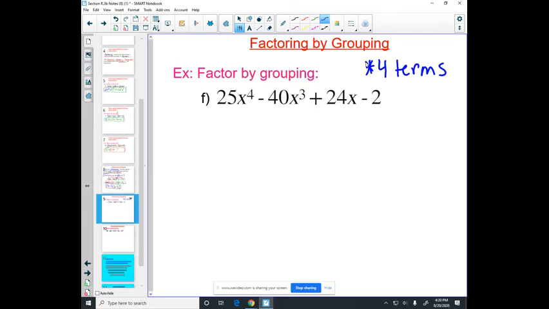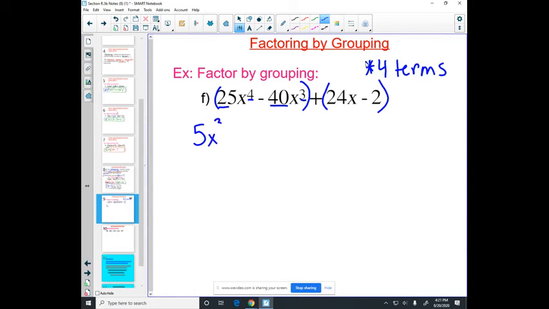So we group the first 2 terms together and pull out what they have in common. 25 and 40 are both divisible by 5. That's their biggest thing they're both divisible by. And then they also have 4 x's here, 3 x's here. So how many they have in common is 3 that I can pull out.